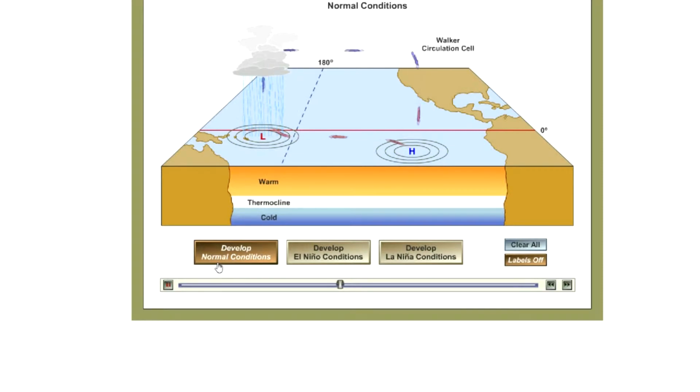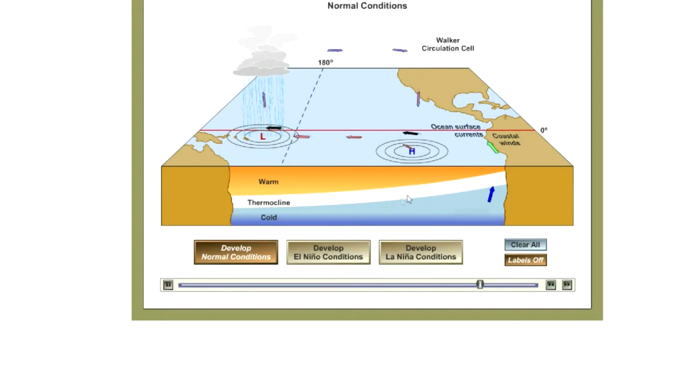As that happens, it creates a cycle called the Walker circulation cell. With these trade winds and the ocean currents also going in that direction, the warm water kind of tips over, as you can see from this diagram.